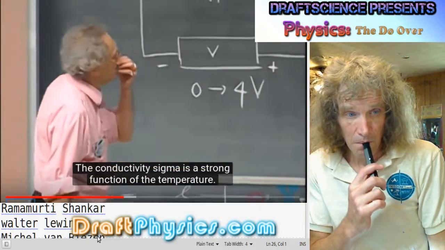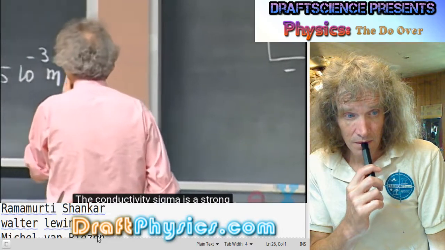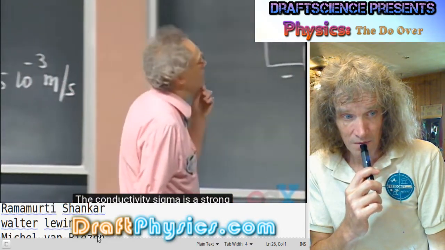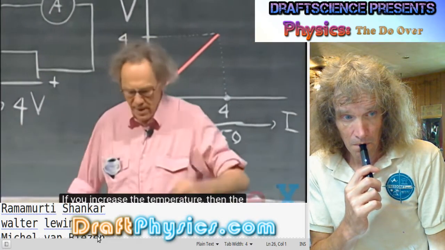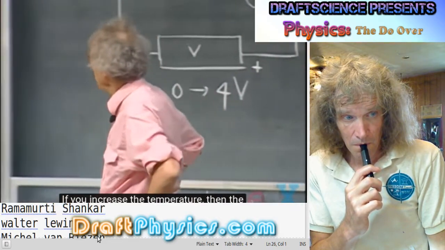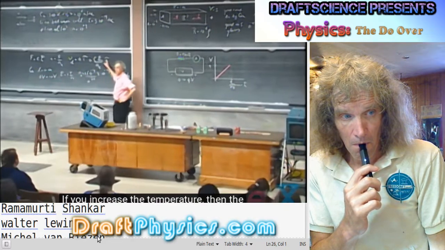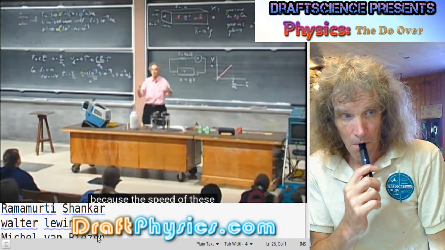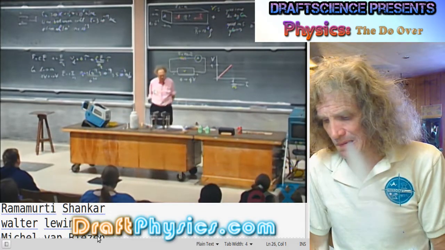The conductivity, sigma, is a strong function of the temperature. If you increase the temperature, then the time tau between collisions goes down because the speed of these free electrons goes up. It's a very strong function of temperature.